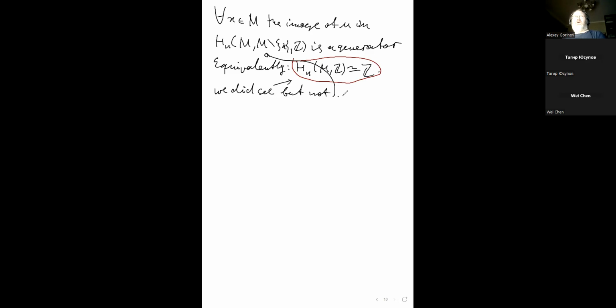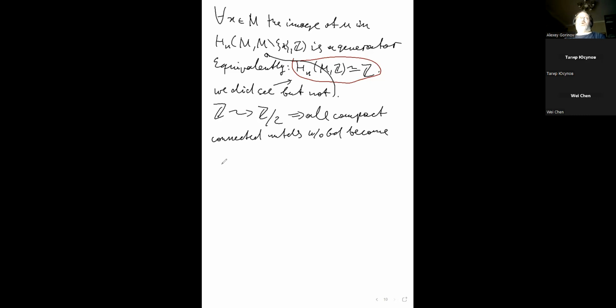Now, if we replace Z by Z2, then all compact connected manifolds without boundary become Z2-orientable.